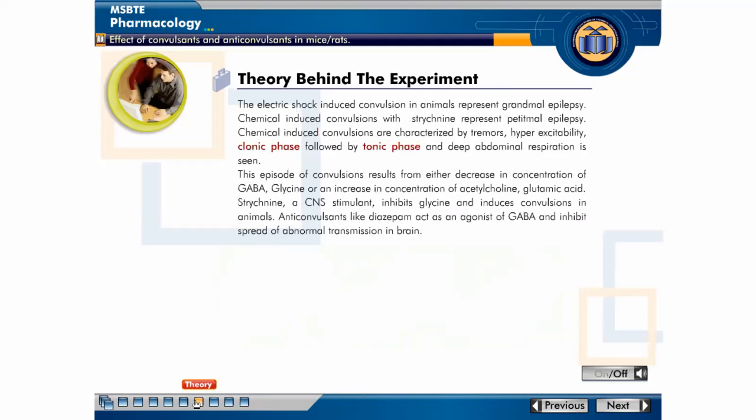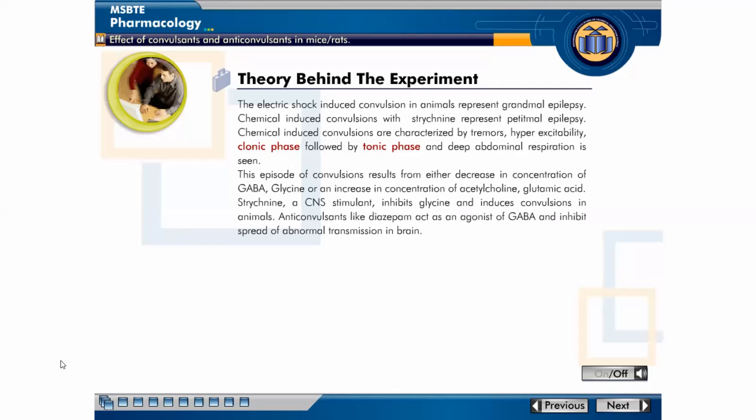Electric shock induced convulsion in animals represents grand mal epilepsy. Chemical induced convulsions with strychnine represent petit mal epilepsy. Chemical induced convulsions are characterized by tremors, hyperexcitability, clonic phase followed by tonic phase, and deep abdominal respiration.